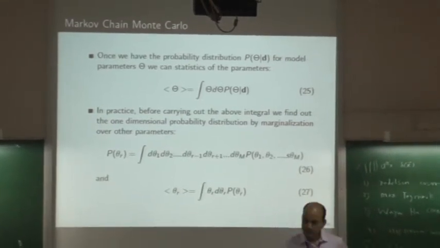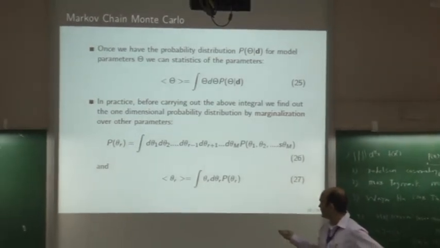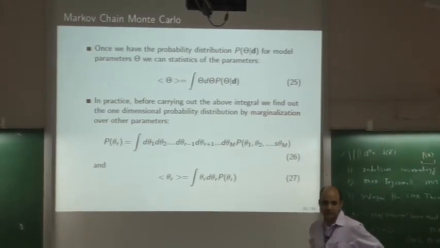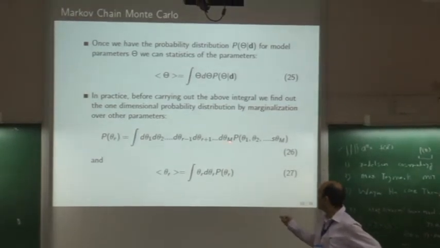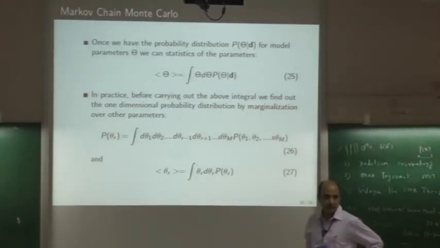So how do we go from multi-dimensional probability distribution functions to a one-dimensional one? There is something called marginalization, and that is nothing but we just integrate out all the rest of the parameters. If you have parameters from theta 1 to theta m, and you are interested just in p of theta r, we just do this integral and all those will go away.